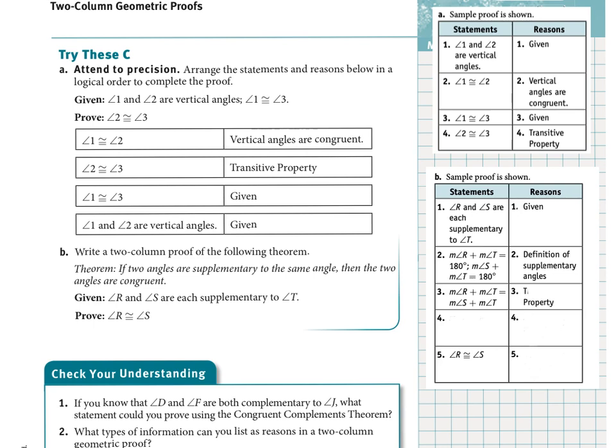Now the textbook says we can use the transitive property. That's fine if you want to do that, but I'm going to stick with substitution. So I'm going to write down substitution. Sorry, that was the wrong pen. Let me try this again. Substitution. So that's my preference here.